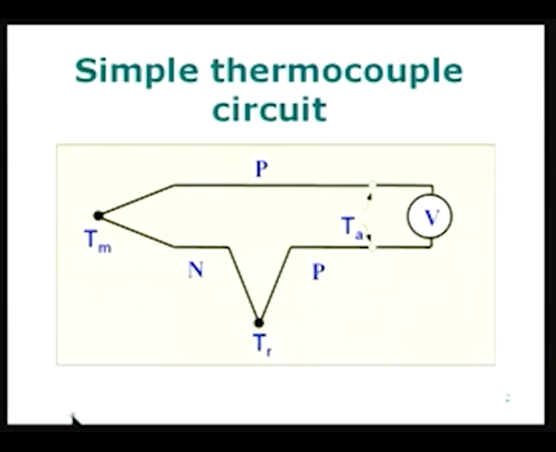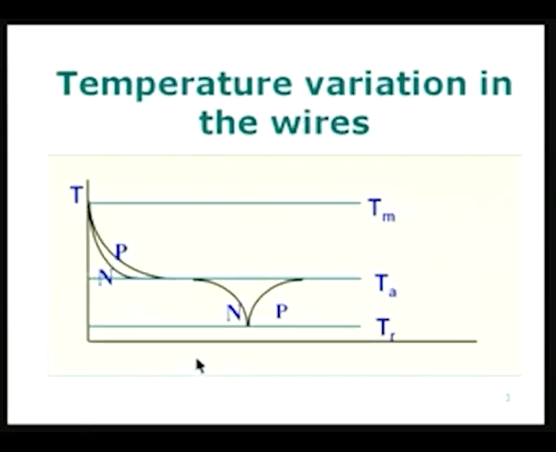So, in the next slide I am showing the nature of the temperature variations in the wires. In this particular problem, you remember there was the measuring junction at Tm, the reference junction at Tr, and there were also the two junctions which were formed by connecting it to the voltmeter. We had a junction temperature of Ta.